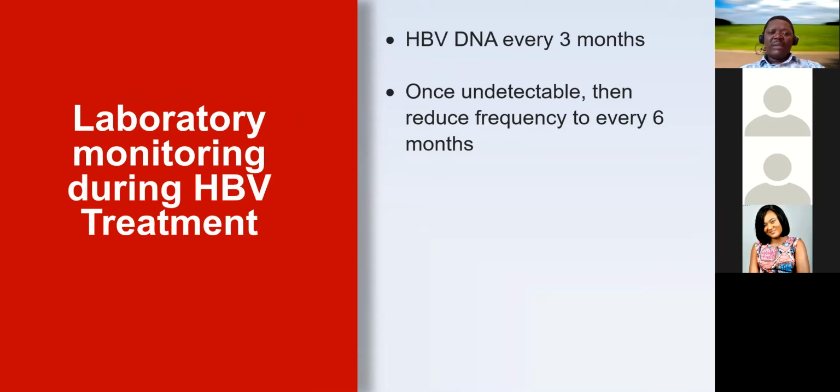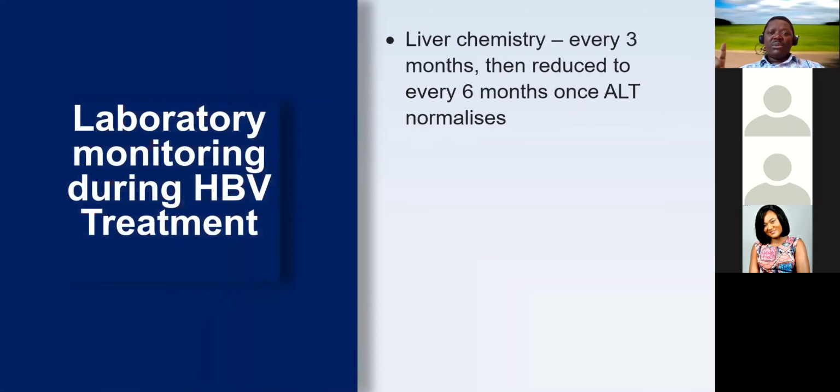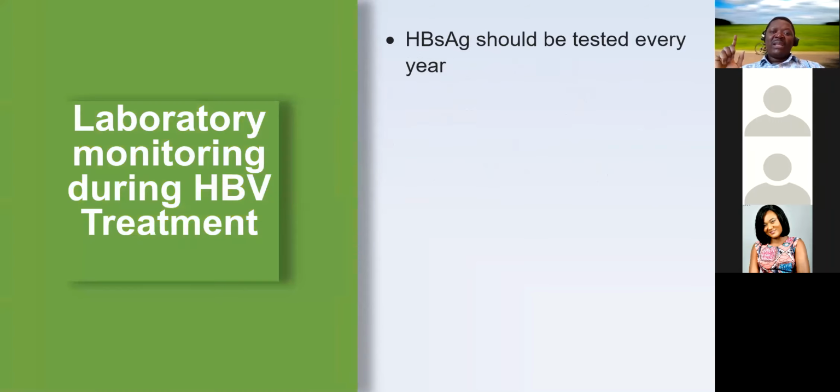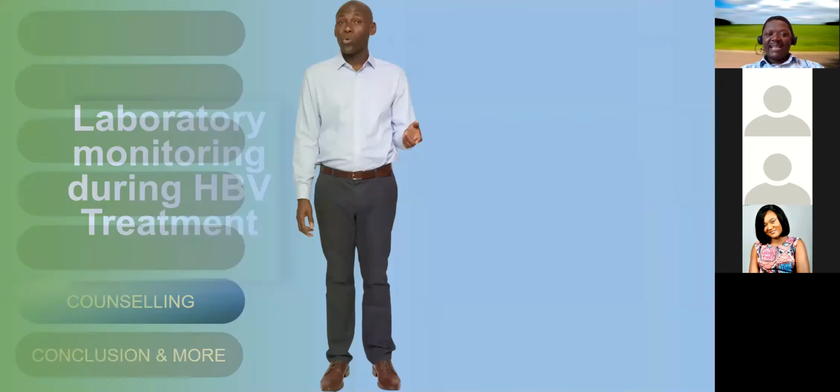Once their HBV DNA becomes undetectable, you reduce the frequency. Another thing is you do an LFT every 3 months and reduce to every 6 months, okay? You do HBe antigen and antibody. Remember that that's one of the factors that you may need. The fourth thing is that you do a surface antigen every year. If they lose it, you may consider stopping treatment.